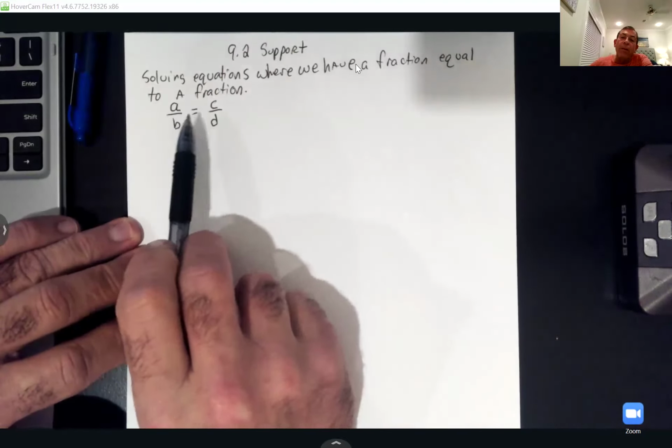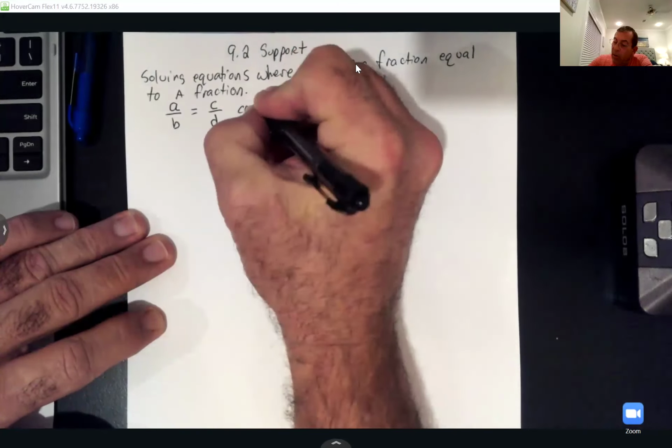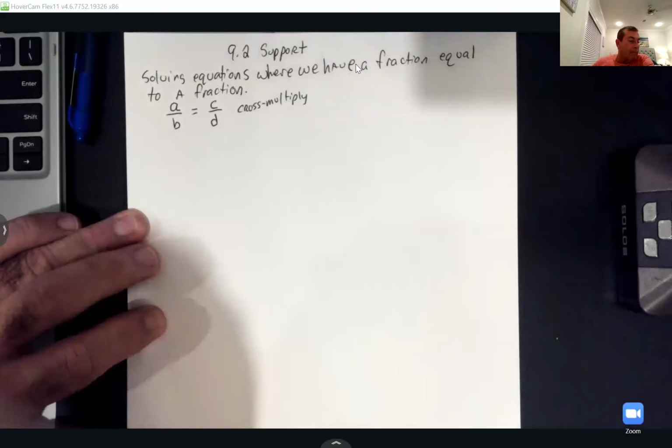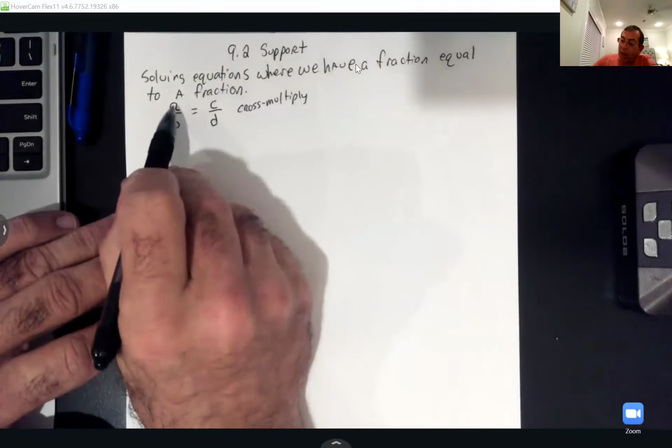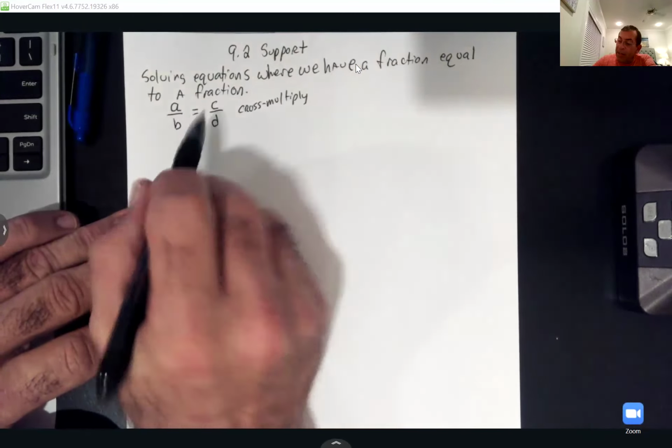The way we solve this, the quickest way, is to do what we call cross multiply. Okay, to cross multiply, the top of the first fraction multiplies by the bottom of the second fraction.